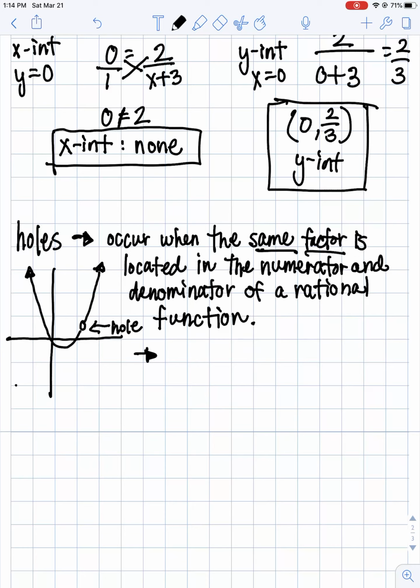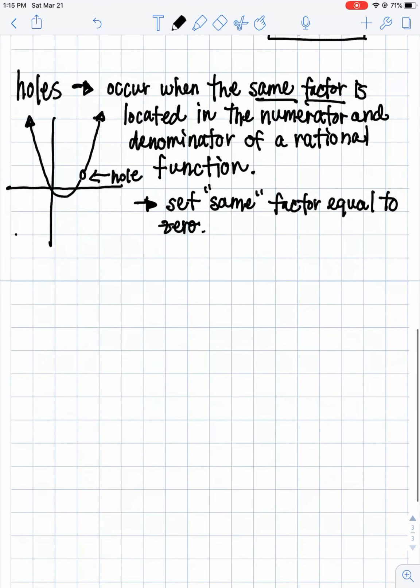So now that you know when they occur, you should say, okay, so if the same factor is in the numerator and the denominator, how do I know what the hole is? You simply set the same factor, whatever that factor is that's in the top and the bottom, you set that factor equal to 0. Okay?